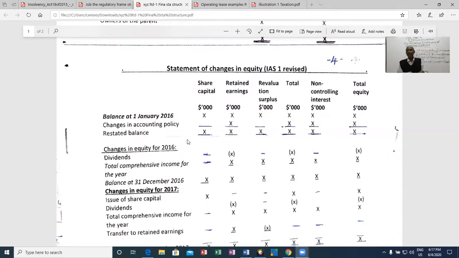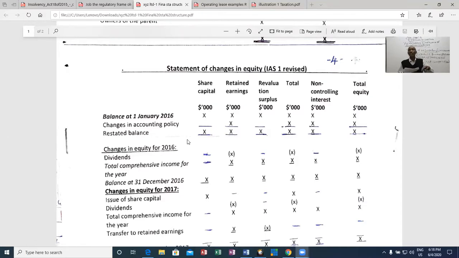But the more accurate term in financial wise is the term equity. This statement gives us a breakdown or analysis of how the owner's equity or capital keeps on changing from one year to the next. What happens to change the owner's investment in that company?